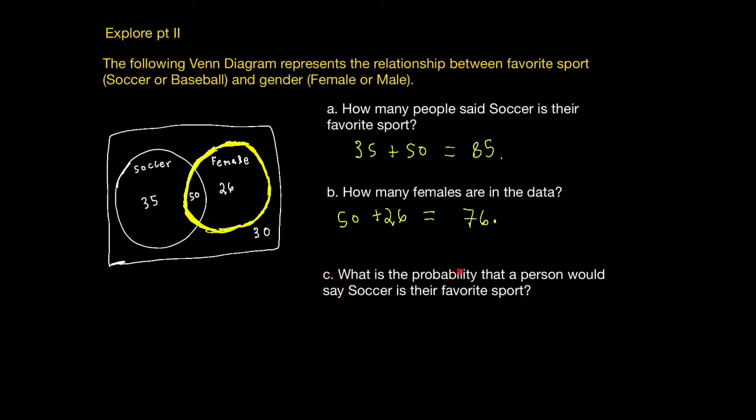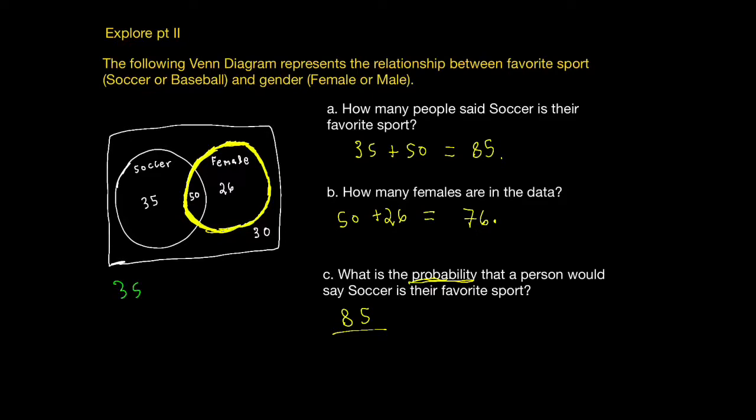Part C, what is the probability that a person would say soccer is their favorite sport? So now here's the key word, probability. Once we see probability, it should be automatic. We have a ratio. So let's get the total number of possibilities of someone choosing soccer, and we already did that. That's going to be 85. So we have 85 over the sample space. So the sample space, let's add up every number that we see.